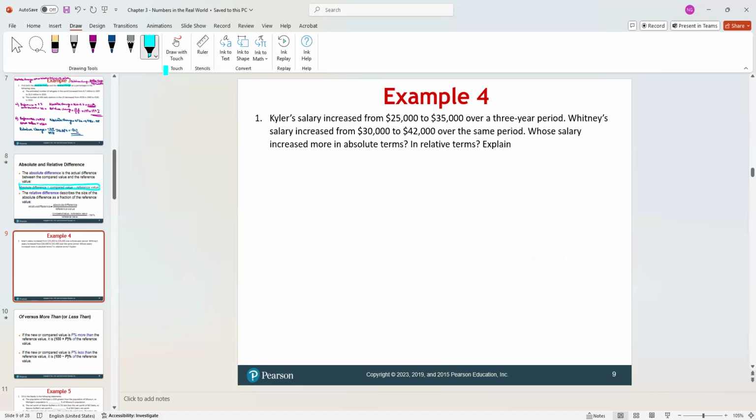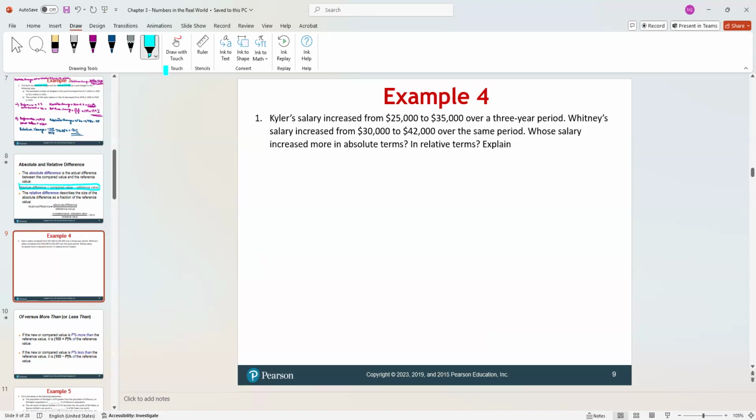Now, our next example is for when we compare. We're going to take a salary comparison. Kyle's salary increases from 25,000 to 35,000 over a 3-year period. Whitney's salary increases from 30,000 to $42,000 over the same period.